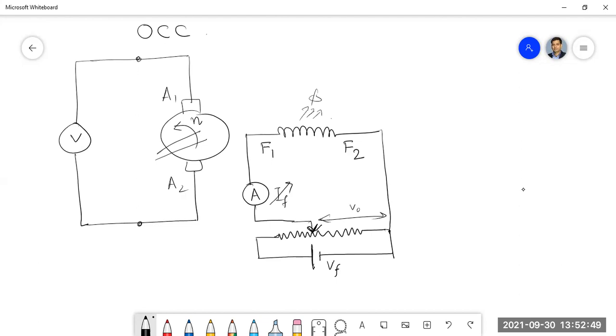And if the voltage is varied, then the field current also will vary. If the field current varies, then the flux will vary. Ultimately, as the flux is there in the voltage expression, the voltage will vary. Now if we plot the field current and the voltage EA that we are getting from this voltmeter, what should be the curve?